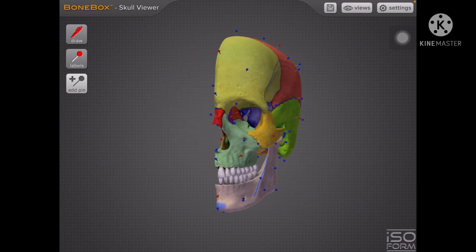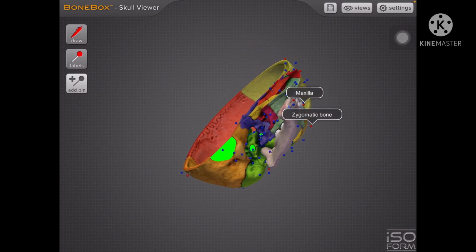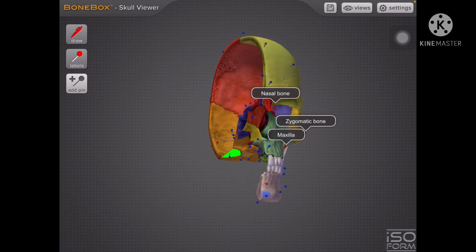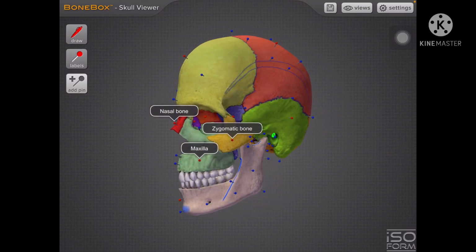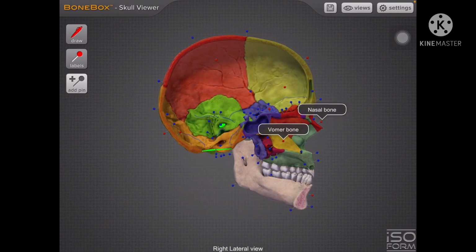What are the paired bones? Repeat with me: zygomatic, maxilla, palatine bone. This green color is the palatine bone. Nasal bone, lacrimal bone. Here are your lacrimal bones. And inferior concha. Vomer is the unpaired bone.